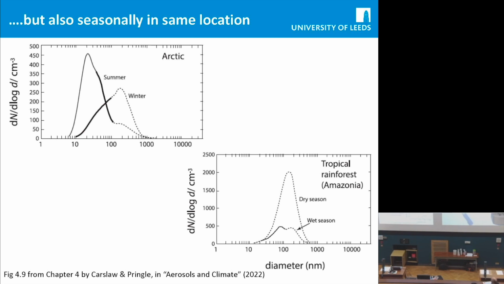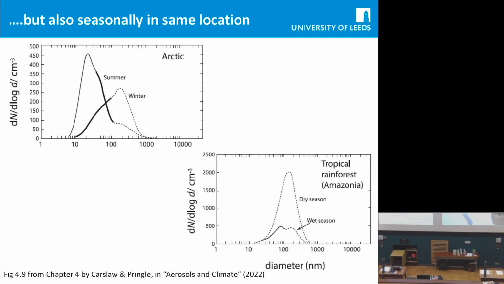On the bottom, this is an example from tropical rainforest, where you can see that in the dry season, when there is a lot of biomass burning and not much rain, hence the name, it's really dominated by particles of a particular size coming from this process of burning.